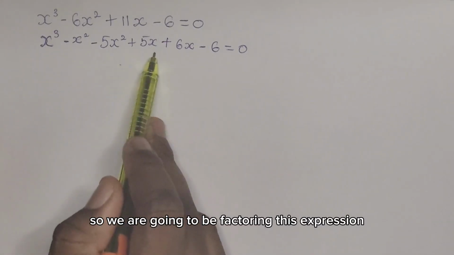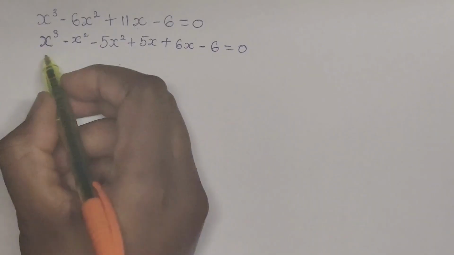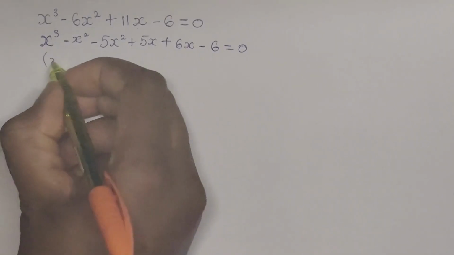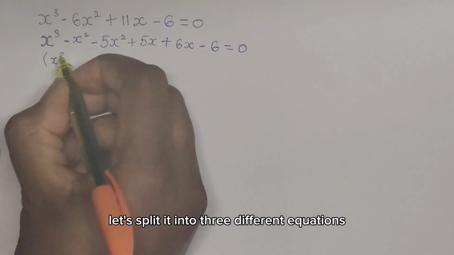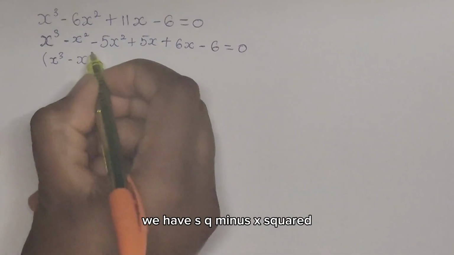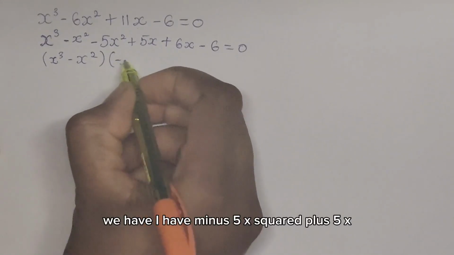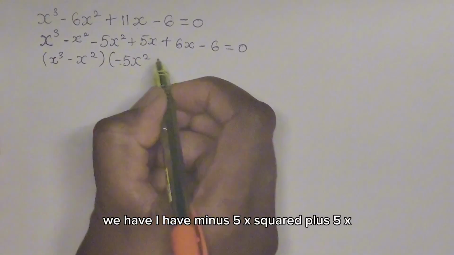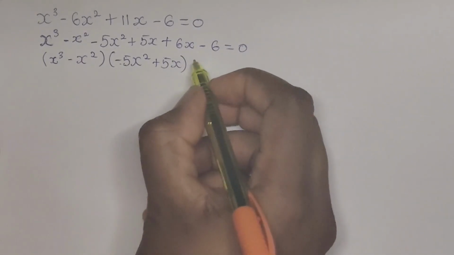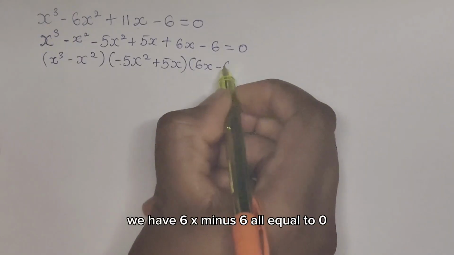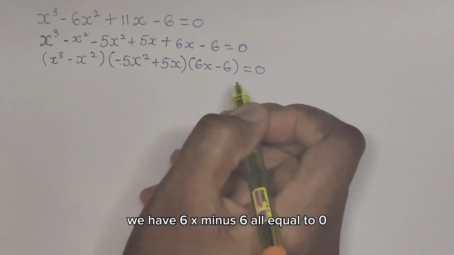So we are going to be factoring this expression. Let's split it into 3 different parts. We have x cubed minus x squared. We have minus 5x squared plus 5x. We have 6x minus 6, all equal to 0.